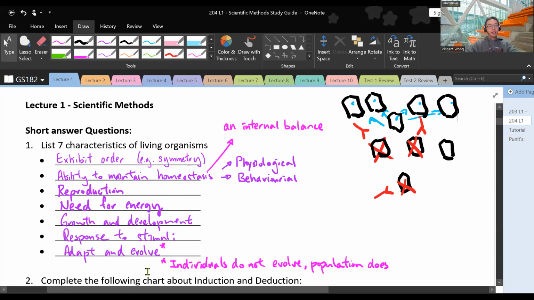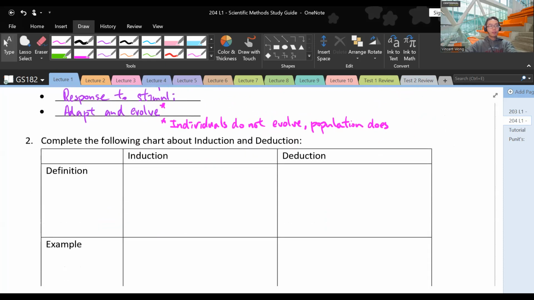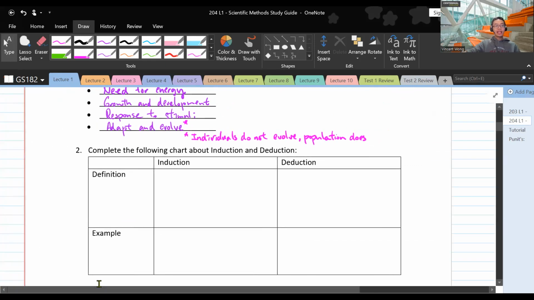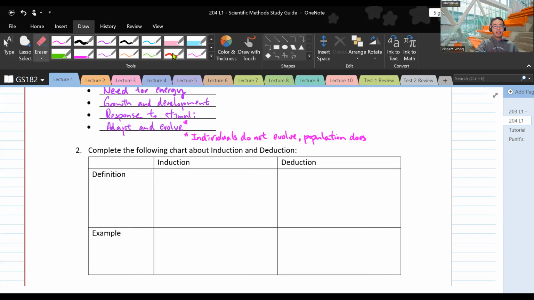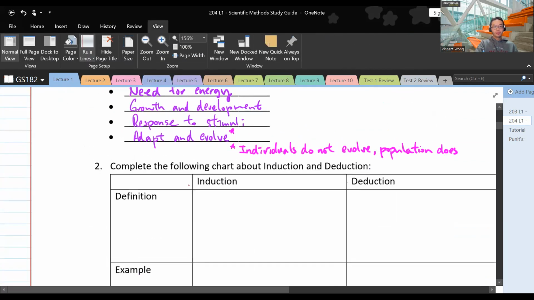All right. Next question. Complete the following chart about induction and deduction. So induction is basically going from specific to general. Let me just write that down for you.